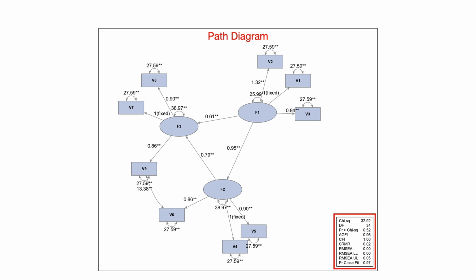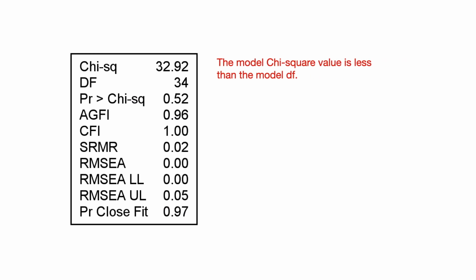And so we see here down in the right corner of our path diagram, we have a table of fit indices. Let's take a look at those. First, the model chi-square value, 32.92, is less than the model degrees of freedom, which is 34. The model chi-square p-value, 0.52, is rather large and it's insignificant.